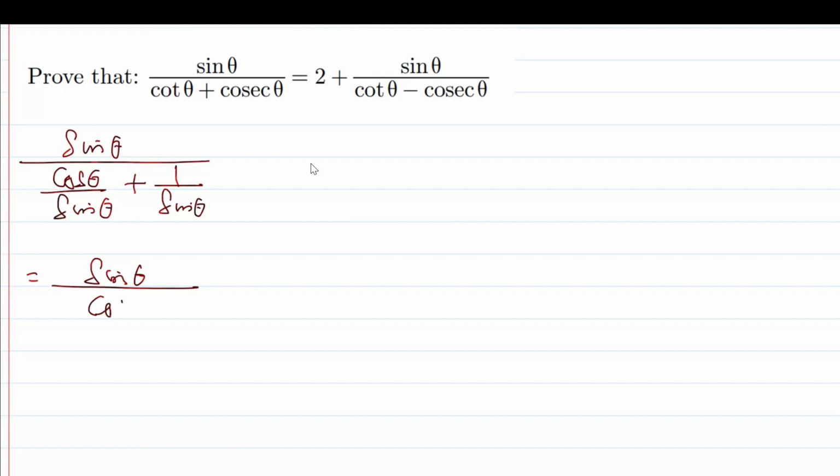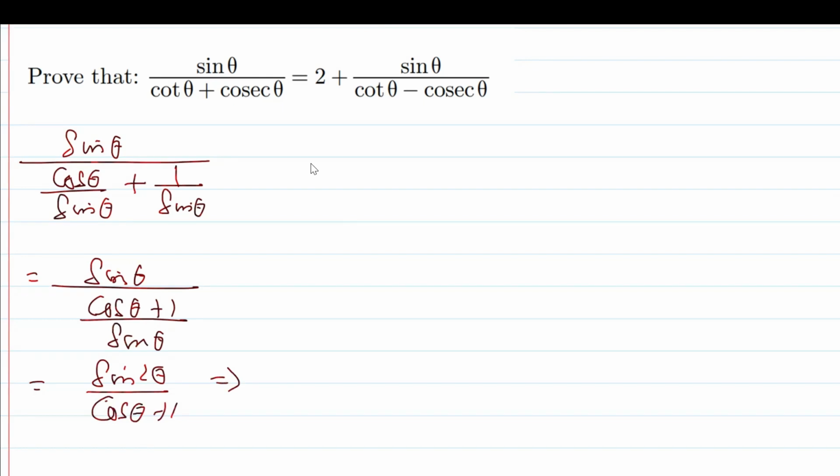So I can write this as cos theta plus 1 over sin theta. Later I can simplify this, taking sine above, so it becomes sine into sine, that is sin square theta, divided by 1 plus cos theta, or cos theta plus 1 is same, cos theta plus 1.